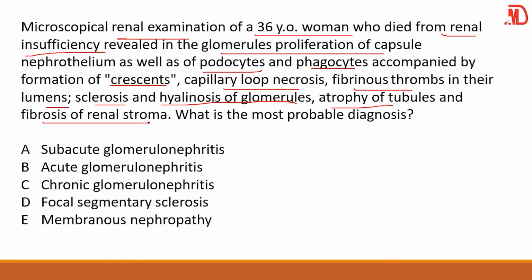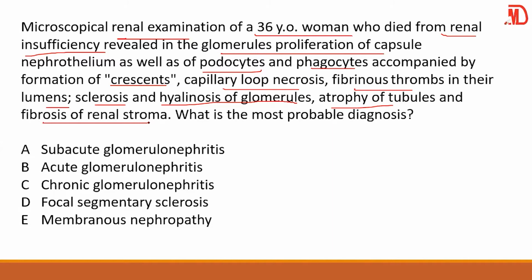And the renal changes include those of rapidly progressive and membranoproliferative glomerulonephritis. Now, it is rapidly progressive. That's why it is what? Subacute.